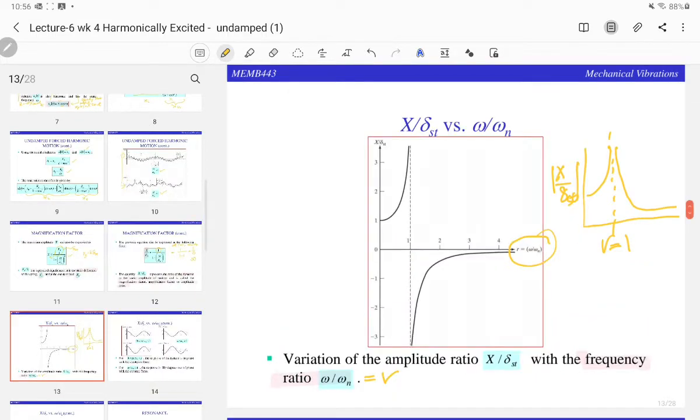So in this case at R equals to 1, your amplitude ratio, or magnitude basically, goes to infinity.